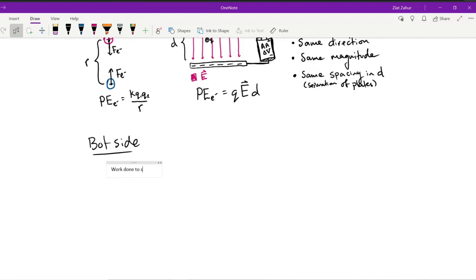Work done to separate charges becomes PEE, the electric potential energy. Oops, it turned into P. That's not what we want. We want PEE, electric potential energy. And this is figure 1.